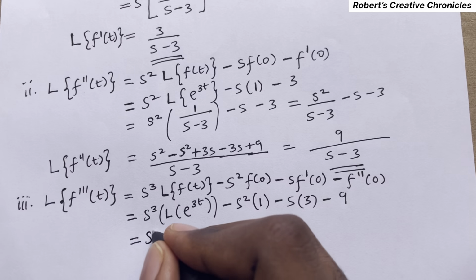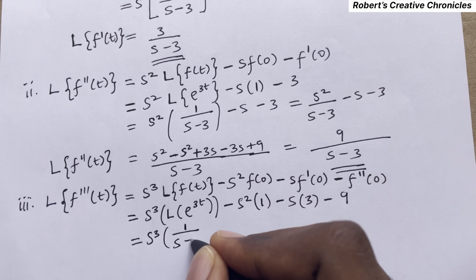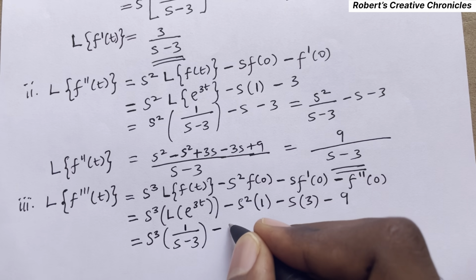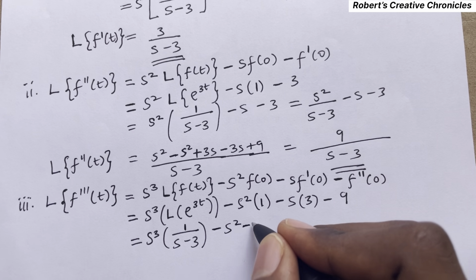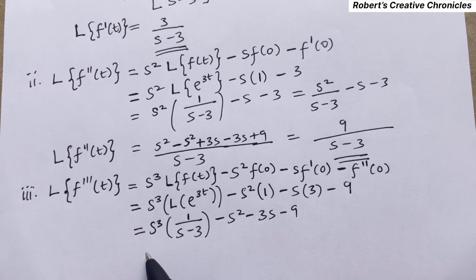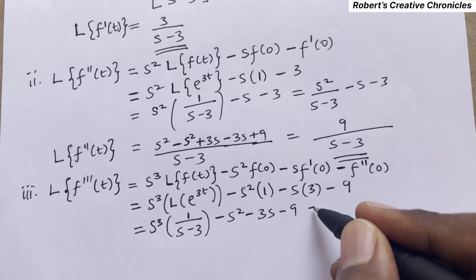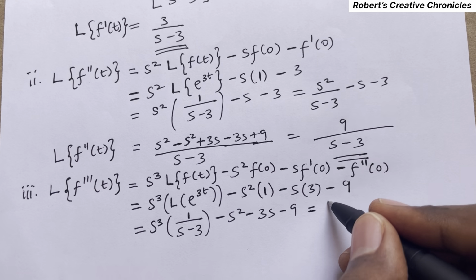Now this becomes s cubed. Then this is what? 1 over s minus 3, minus s squared minus 3s minus 9. So now this becomes what?